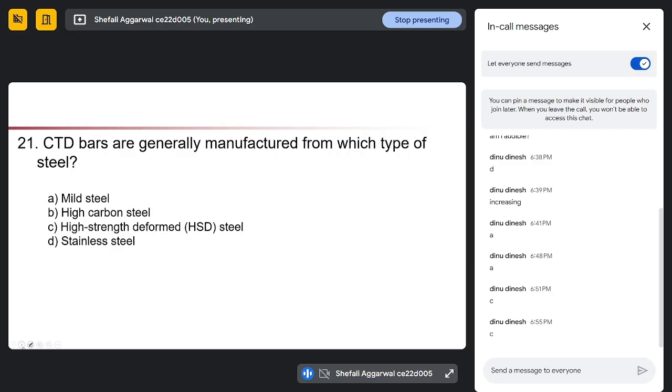Okay. So this is the last question. CTD bars are generally manufactured from which type of steel? Mild steel, high carbon steel, high strength deformed steel, or stainless steel?